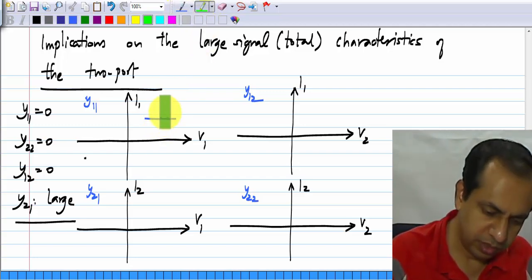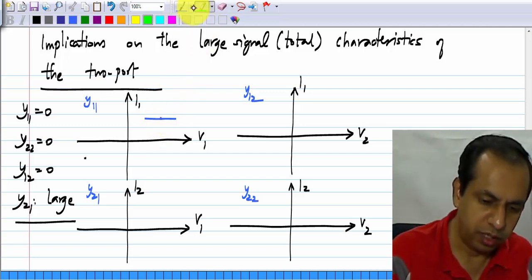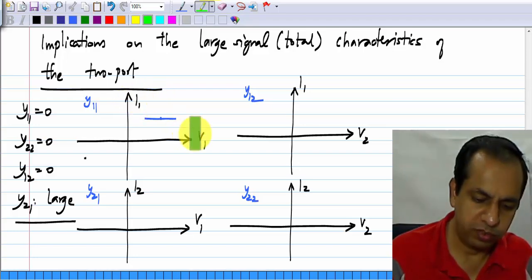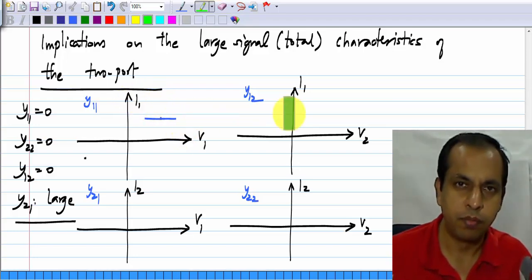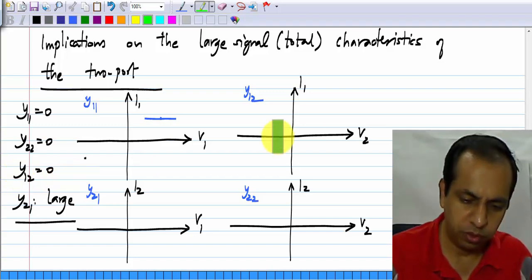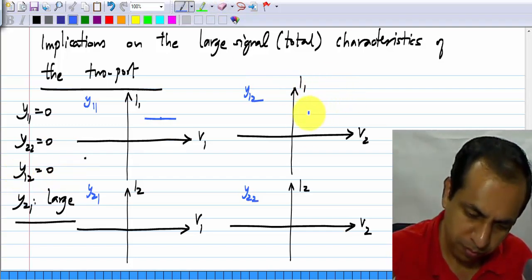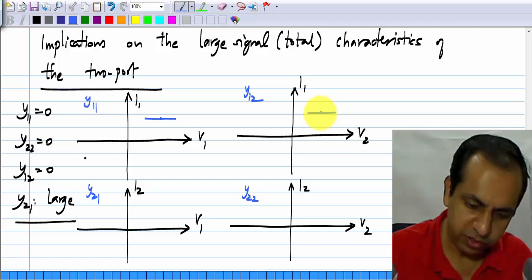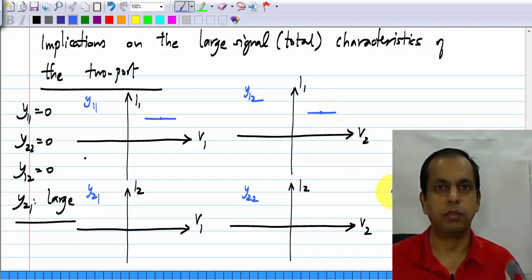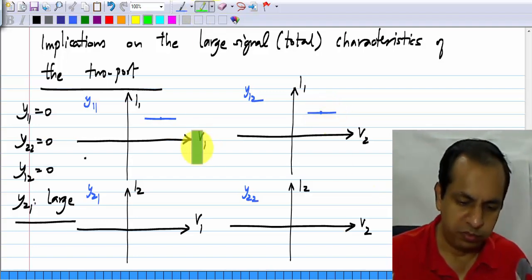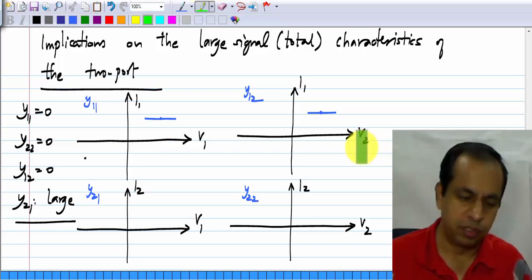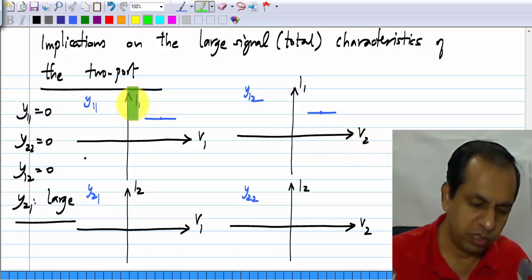Okay. So, let us say this is the operating point here, then that means that the slope of I1 versus V1 is 0. And similarly, because y12 is 0, the slope of I1 versus V2 is also 0. Now, V1 and V2 are the only variables. Okay. So, what does it mean here?